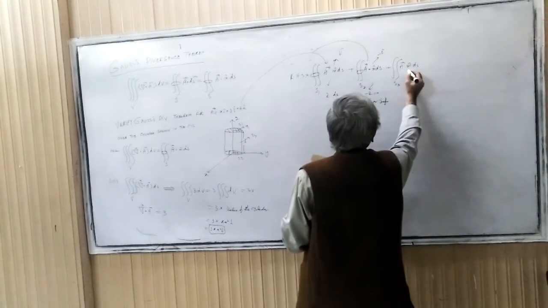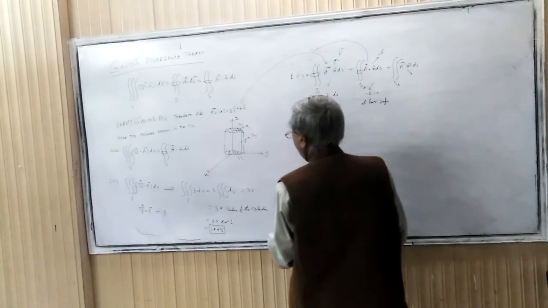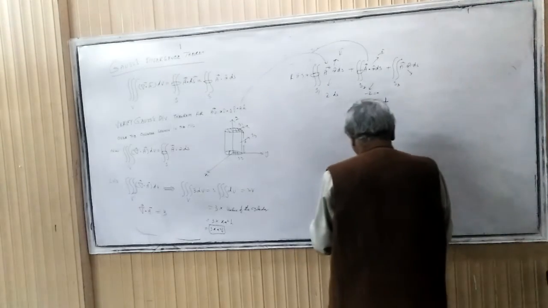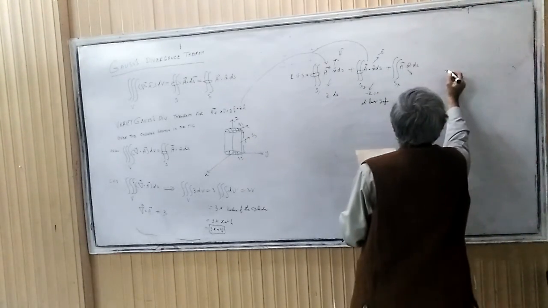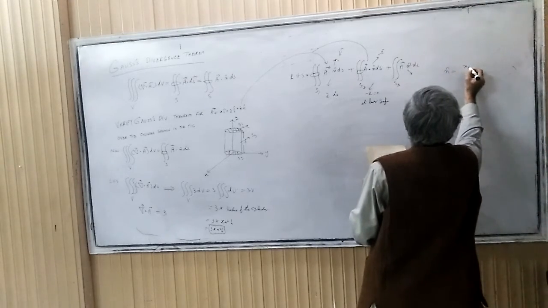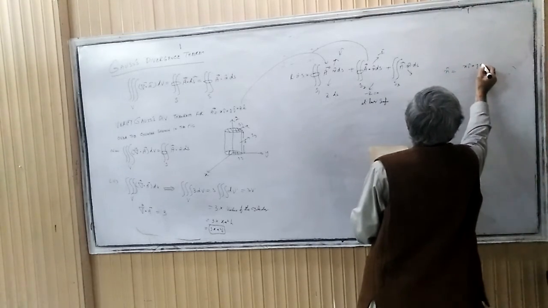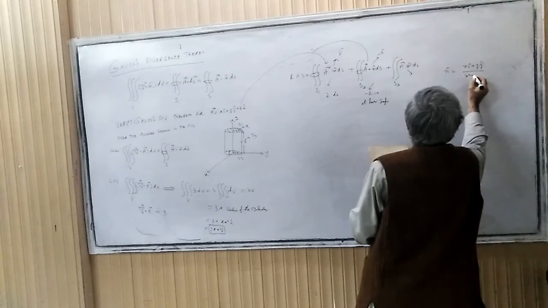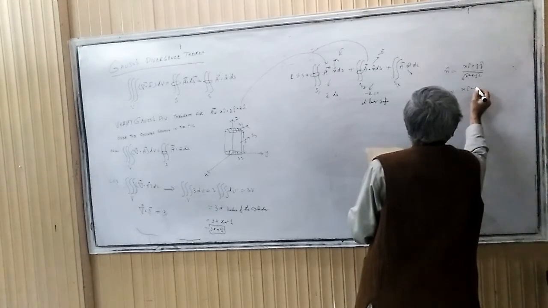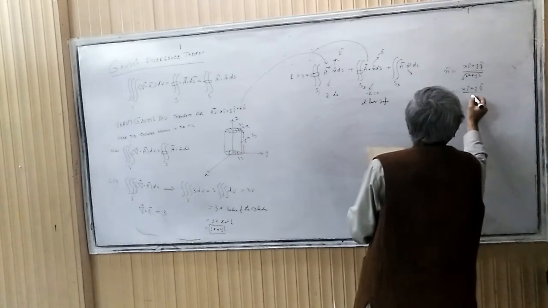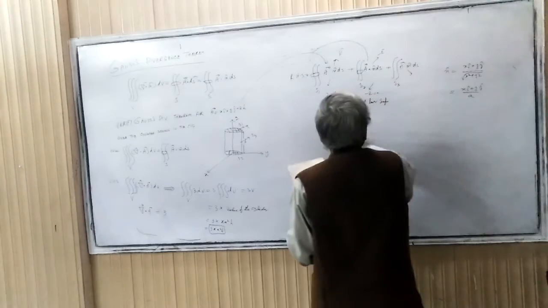And here you will calculate N from the equation of the surface, and N will be equal to xi plus yj divided by the square root of x square plus y square, which is equal to xi plus yj over a, because that is the radius.